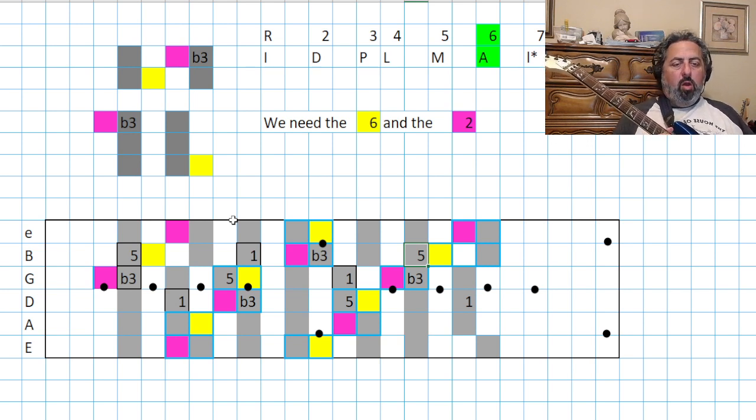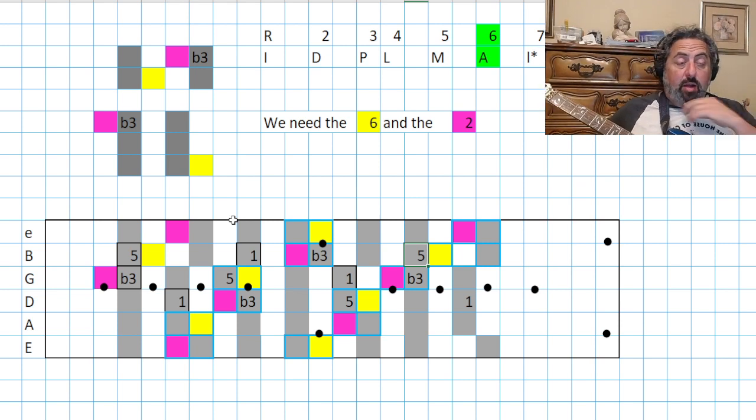Purple note bend though. You bend this to the purple, bend the 5 into the yellow, and those are your money notes. And there you have it. That's what I would think if I was thinking the 1, the 3, or the 6.